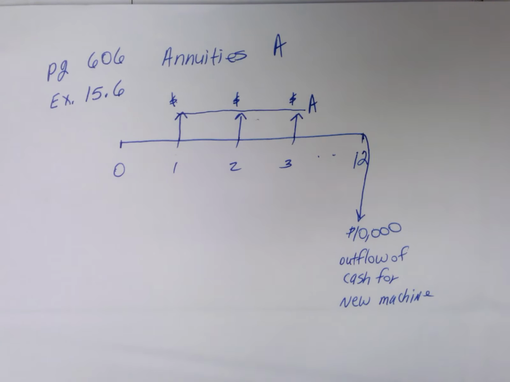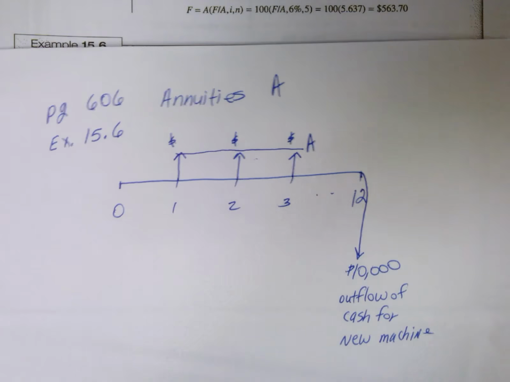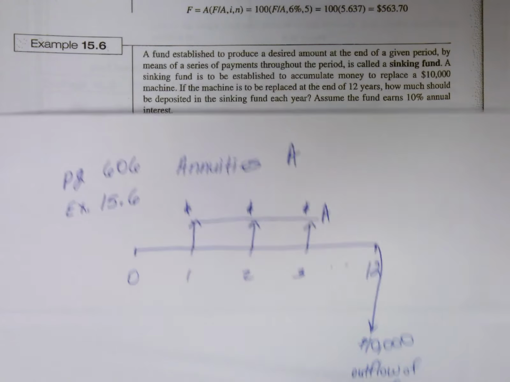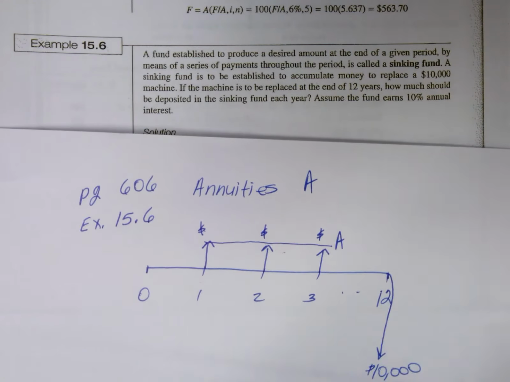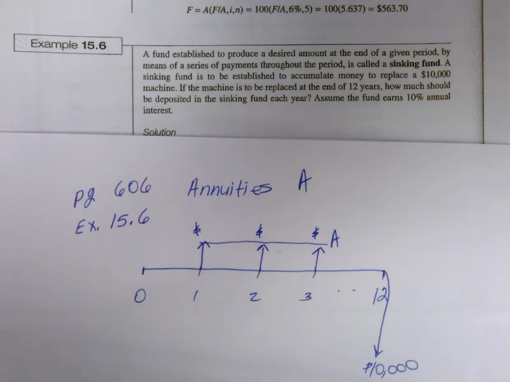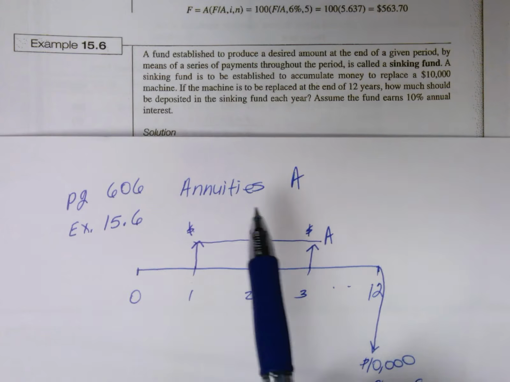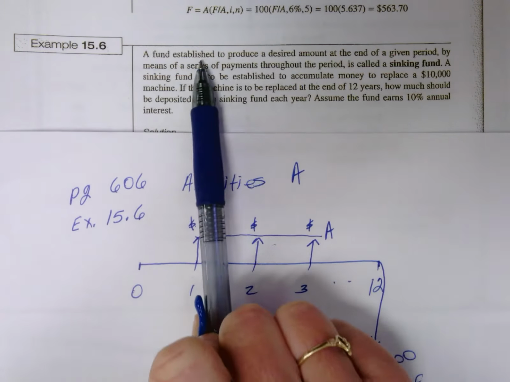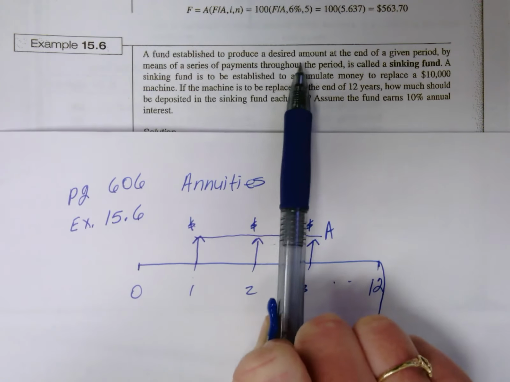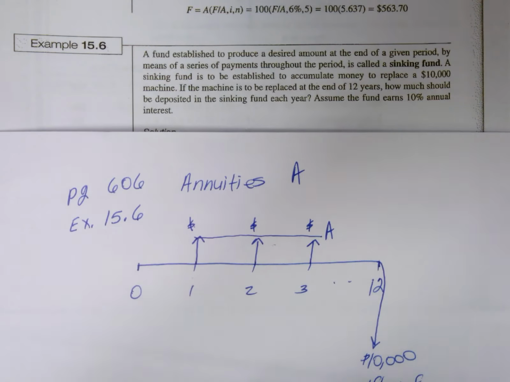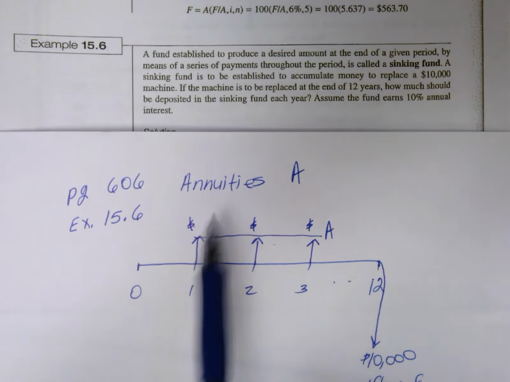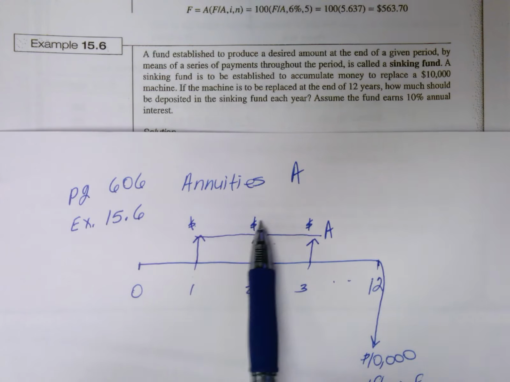And so let's look at example 15.6 from your handout. It's on page 606. And the question is, a fund is established to produce a desired amount of money at the end of a given period by means of a series of payments throughout the period.